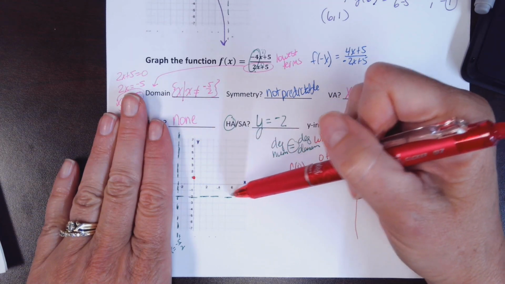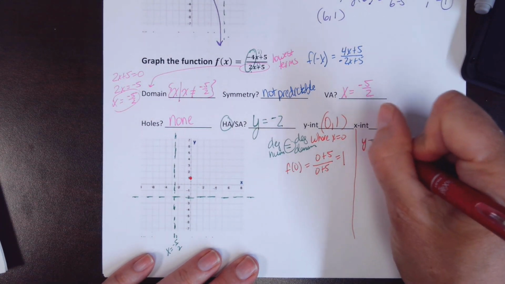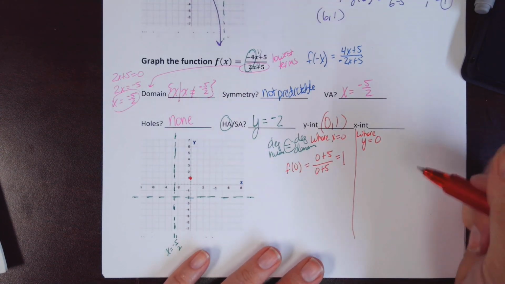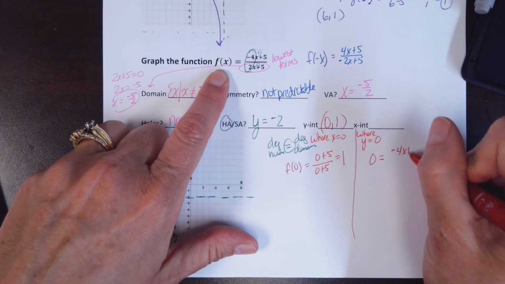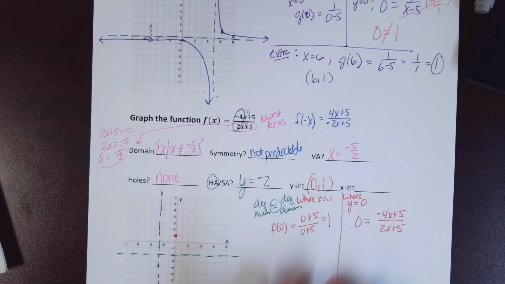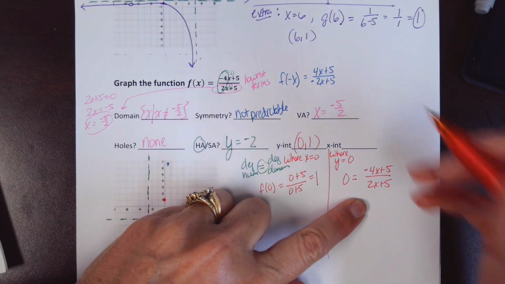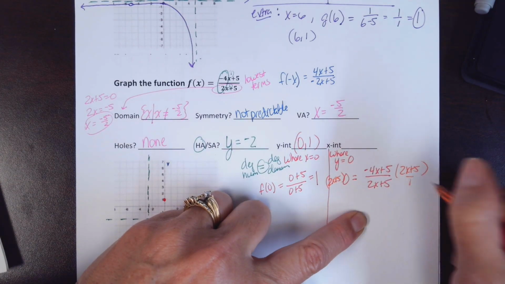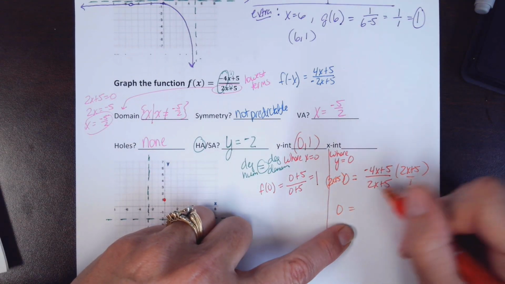So maybe before we graph that, let's check for our x-intercept. X-intercepts happen where y equals 0, always for any function. So I have 0 equals negative 4x plus 5 over 2x plus 5. Our step every single time is to multiply both sides by the denominator, 2x plus 5. Anything times 0 is 0. Anything over itself is 1.